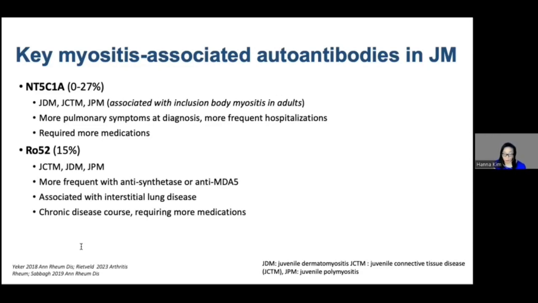It's more frequently seen with anti-synthetase and anti-MDA5 myositis-specific autoantibodies. And it is associated with interstitial lung disease, a chronic disease course, and requiring more medications. So this is also another myositis-associated antibody associated with a more severe disease course.